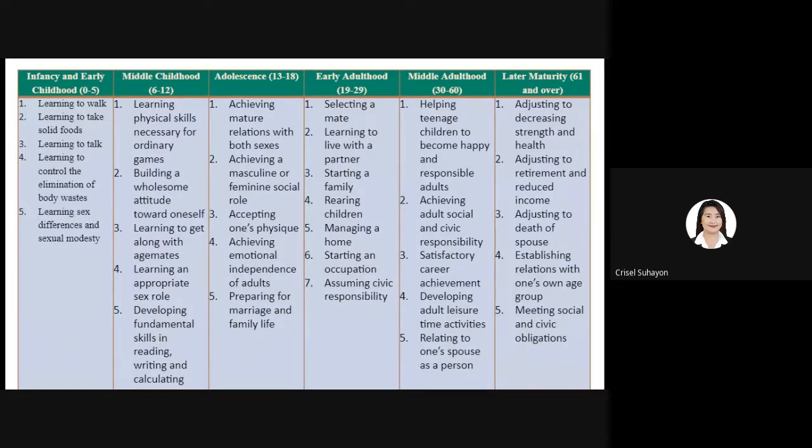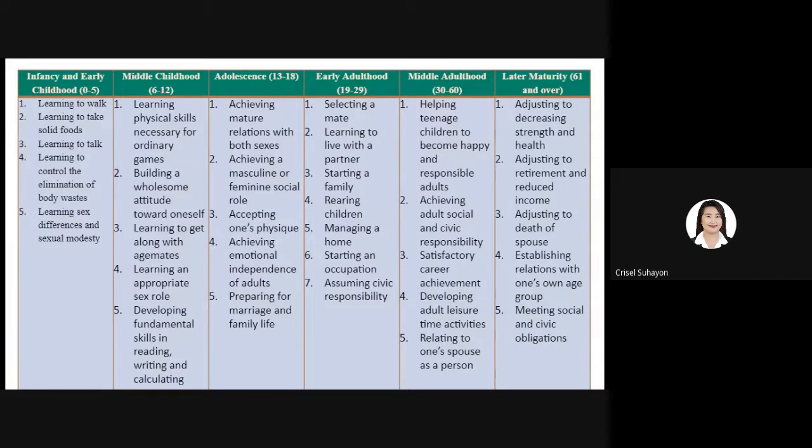So that is expected from 0 to 5 years of age. It is not particular to 1 year old, 2 years old, 3, and so forth. As long as within 0 to 5, these are the tasks expected of a child.